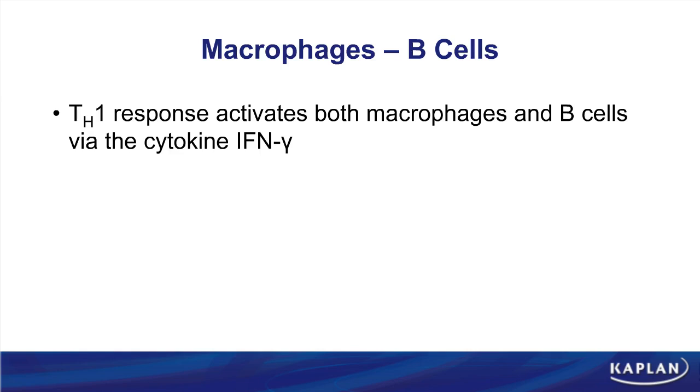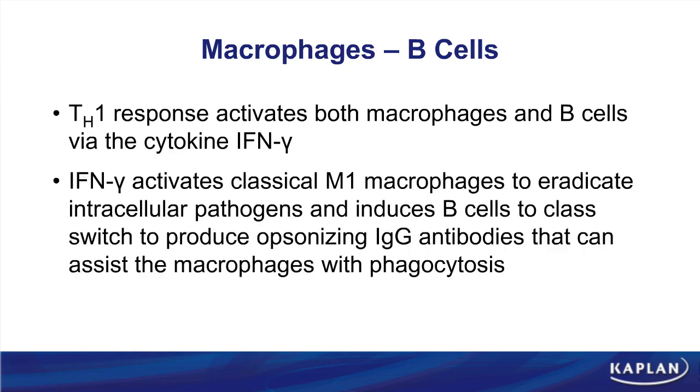The Th1 response activates macrophages, and I want you to think about macrophages mostly, even though B cells can become activated as well, by way of the cytokine interferon gamma. I really want you to think about this Th1 response as our response against intracellular pathogens. Yes, B cells become activated and interferon gamma will help induce class switching of B cells to IgG, but as far as the response in general, I want you to predominantly think about the macrophage.